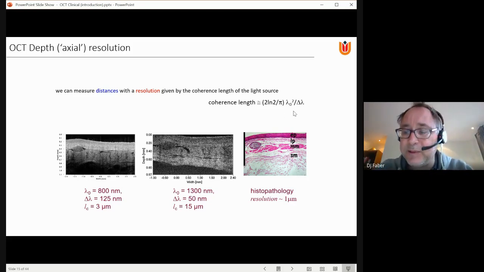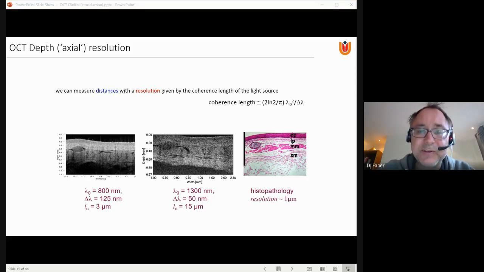These two determine what the resolution is going to be. That determines the width of that peak, the coherence length, and that determines how accurately you can determine a position in the sample once you know the position in the other arm.